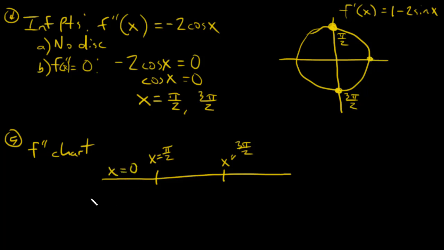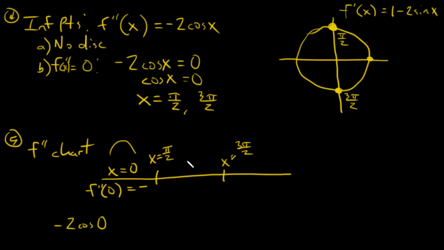X equals 0, we're going to get f double prime of 0, which is, if I look at my f double prime, I've got negative 2 times cosine of 0. Alrighty, cosine of 0. Well, cosine is the x value, and here's the 0 for the radian measure, so I'm going to have negative 2 times 1, which is going to be negative. So it's going to be concave down.